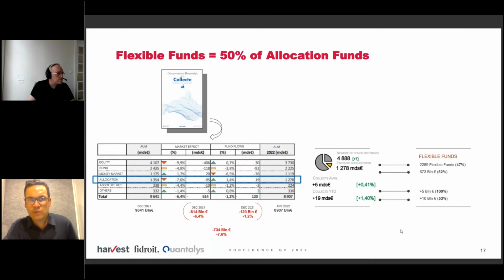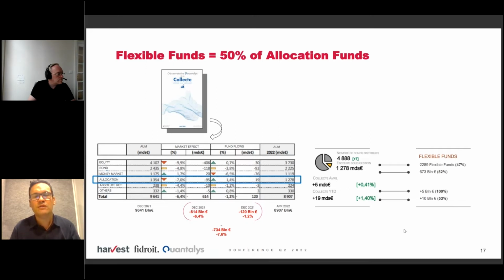Globally, flexible funds represent 50% of the allocation funds of these categories, which is very important. They manage 1.3 trillion euros at the end of April. So it's not bad.